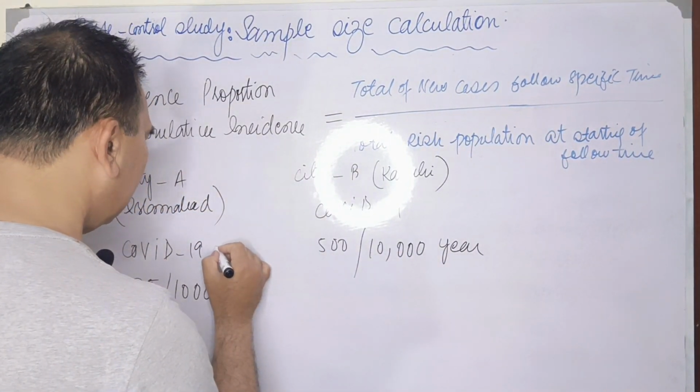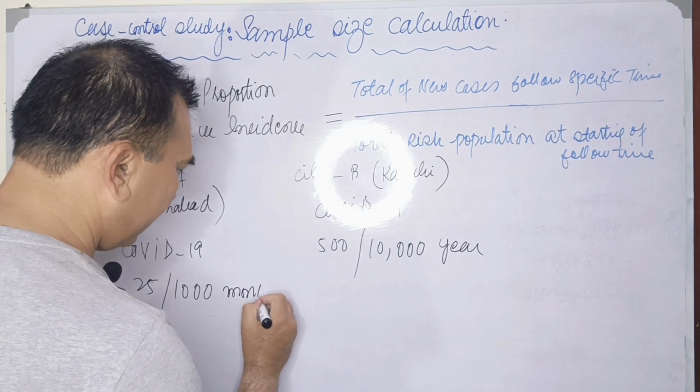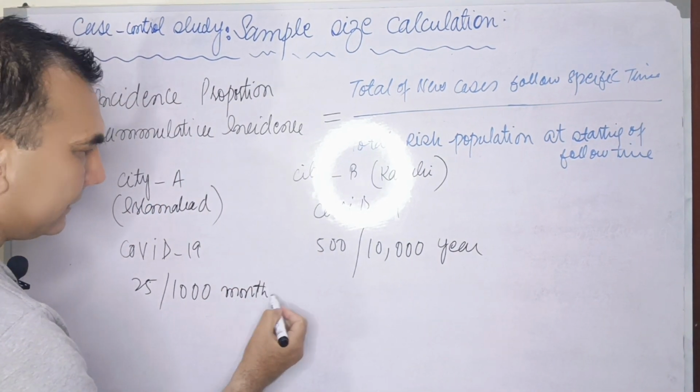The first is per month and the second is per year.